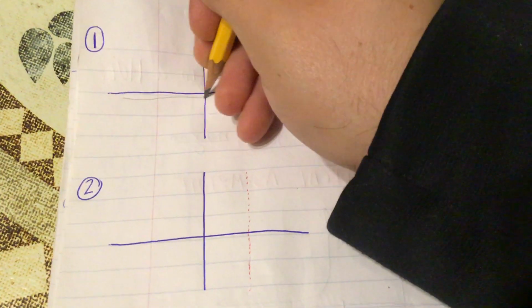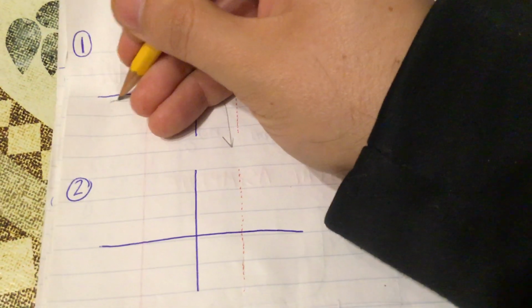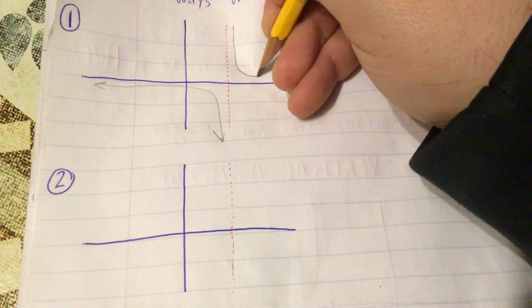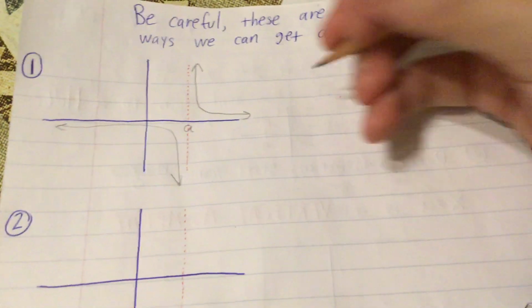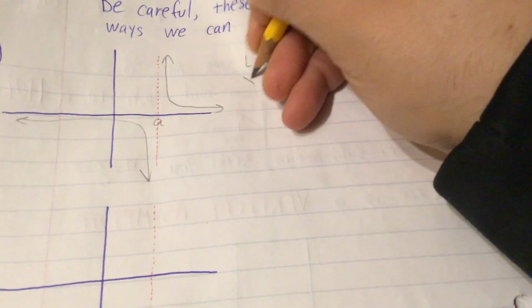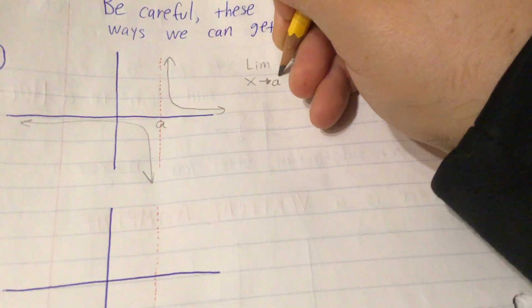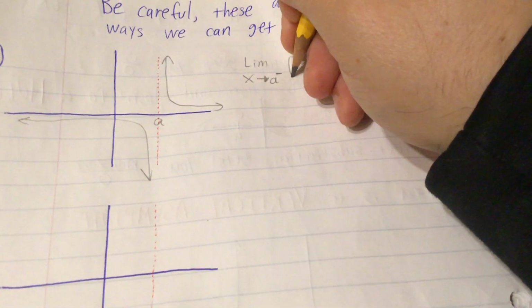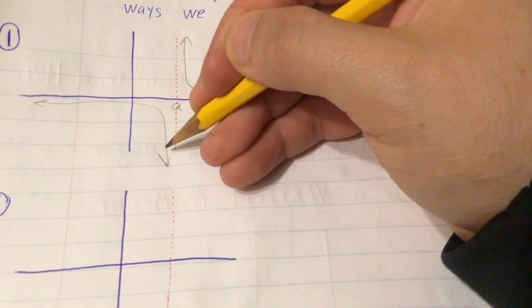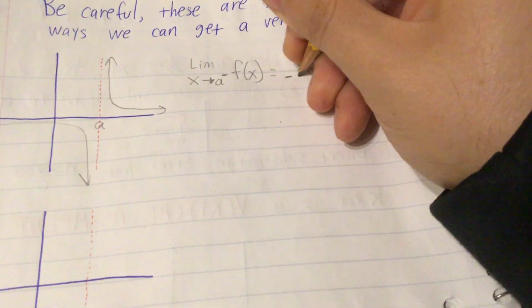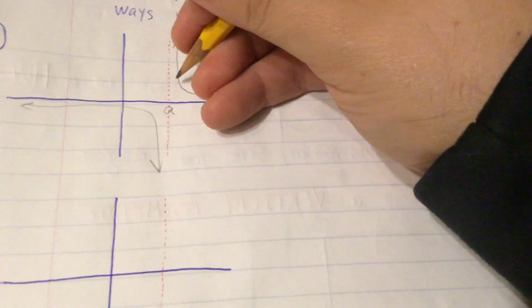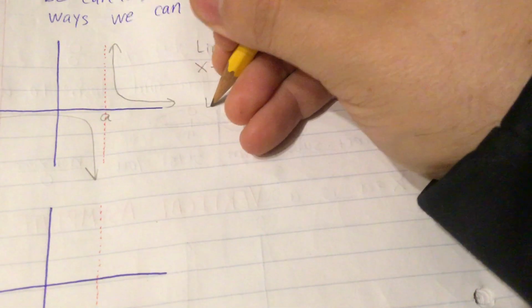So the basic example is this classic example. If your vertical asymptote looks like this at x equals a, that means that the left-hand limit as x approaches a wants to go to -infinity, and the right-hand limit wants to go to +infinity.